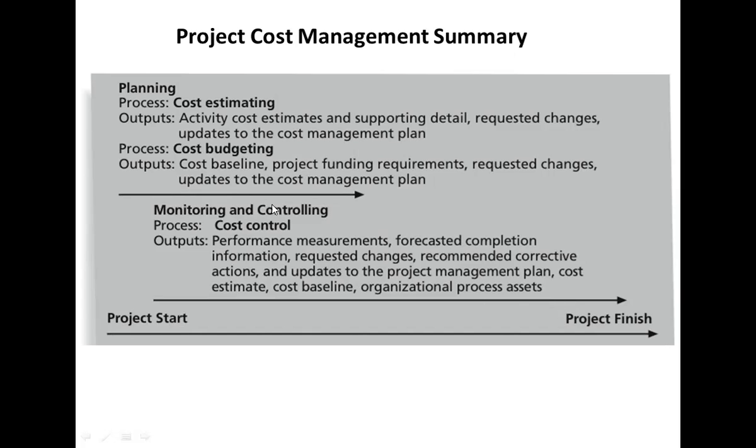So in planning, we do cost estimation and cost budgeting. That normally happens in the first half of the project. And these monitoring and controlling processes happen from project start to project finish. Okay, so that needs to be carried out continuously to check whether there are any changes from the plan.